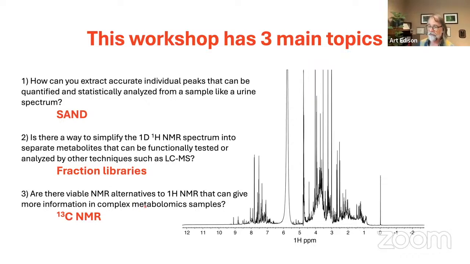And then on the final day, on Friday, we want to ask the question, are there alternatives? We like to use proton NMR because it's very sensitive and abundant, but are there other options? We will show you that if you have the right probe and the right magnet and the right technology, and sometimes the right sample, C13 NMR has some huge advantages that we'll highlight on Friday over, say, this proton NMR.